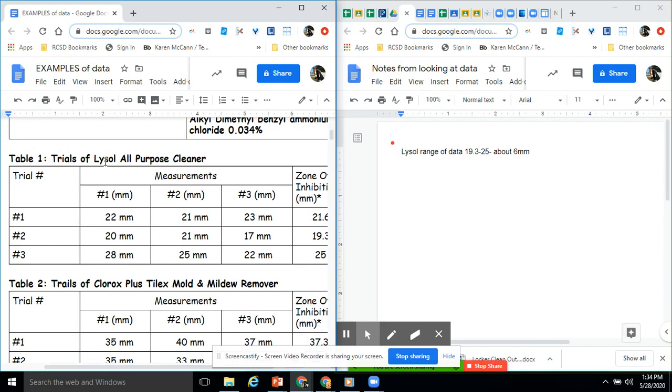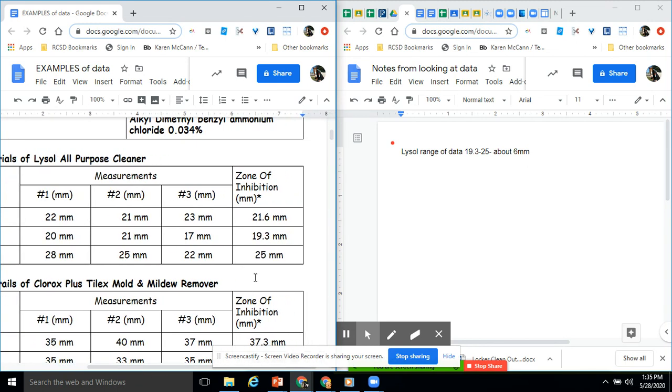They were using the exact same process with each of these Lysols. They just kept dipping another disc into the cup and then placing it on the agar. And yet, they were not getting necessarily the exact same results. There was a range of about 6 millimeters.